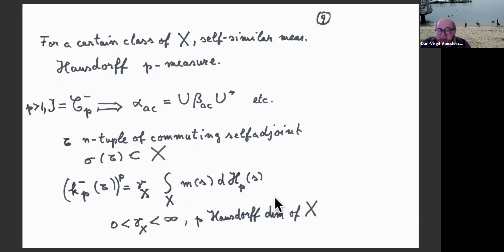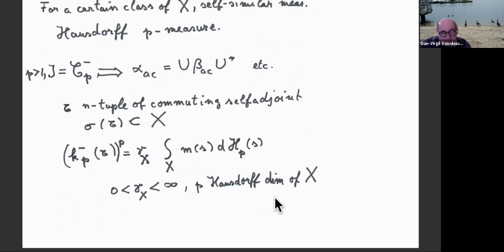So it is exactly like the other formula, only that instead of dimension n you put this fractional dimension p, and the integral is not with respect to Lebesgue measure, but with respect to Hausdorff p measure.